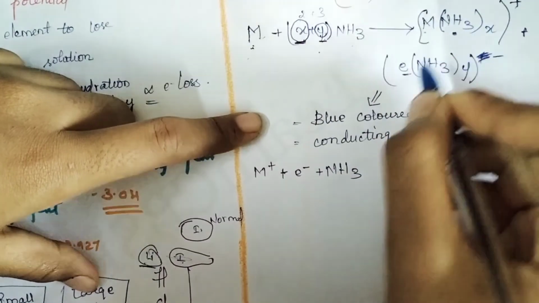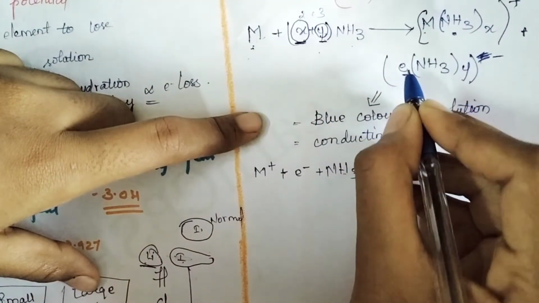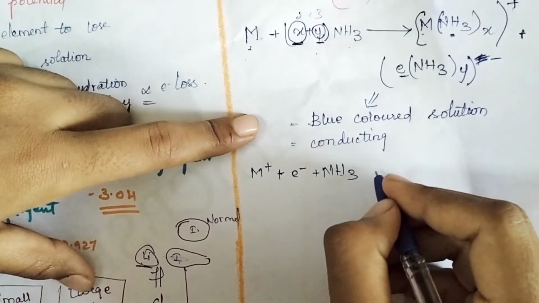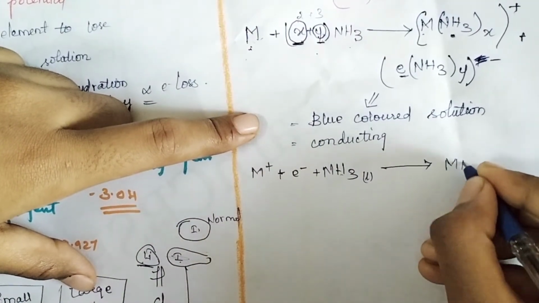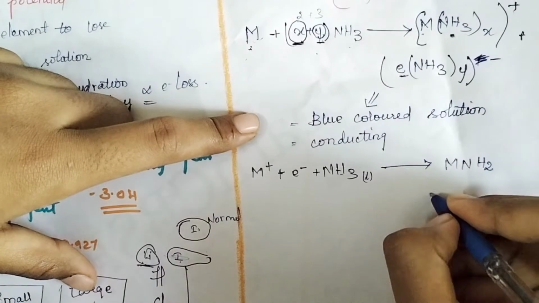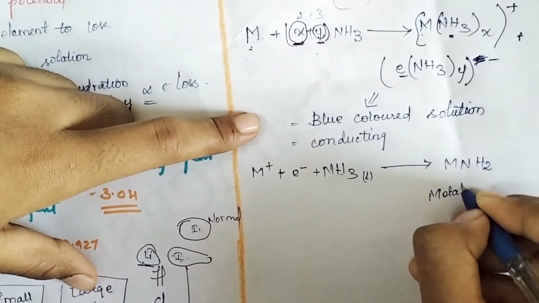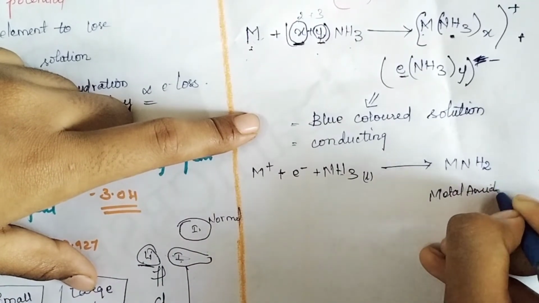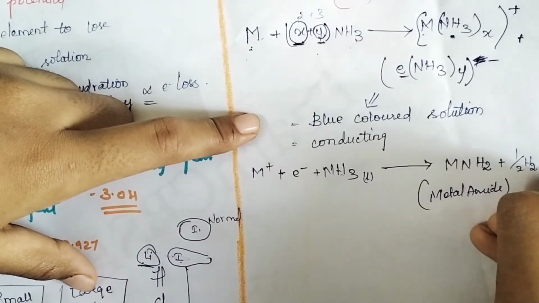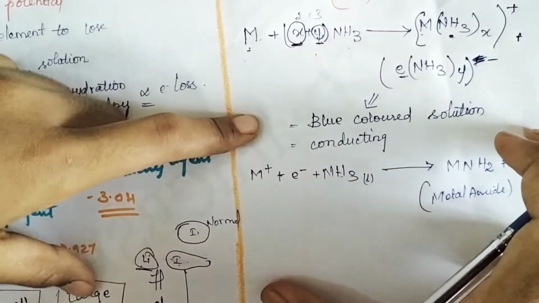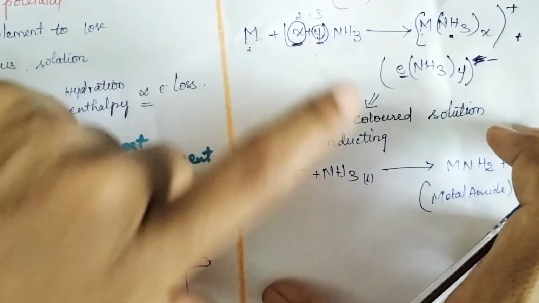Okay, M plus and NH3 I have taken, E minus and NH3 I have taken, and this is the liquid one, correct? So it gives amide, metal amide. Okay, amide is formed plus half H2 gas, because it is not a permanent product.